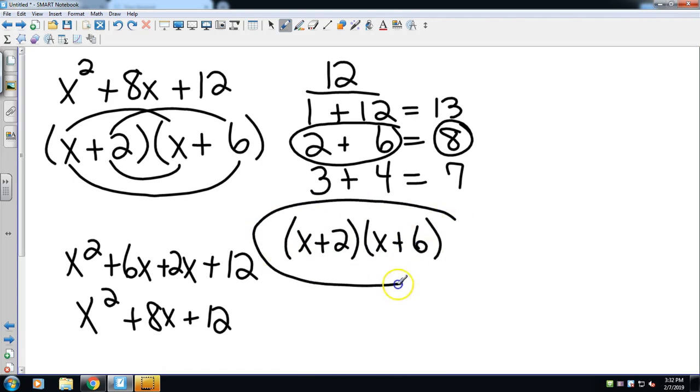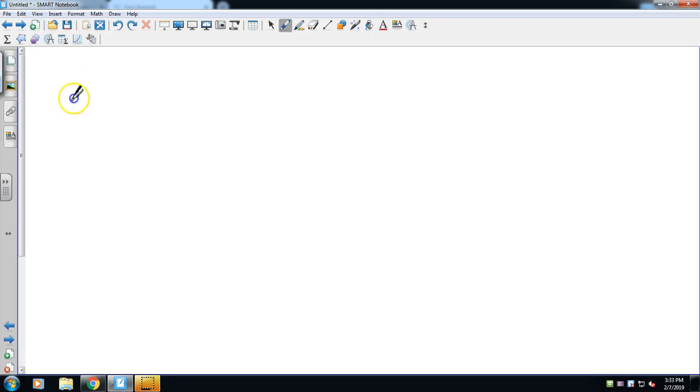Now, that one's pretty simple because all of the signs are positive, so I know all of my signs in my multiplication are positive. So what happens if I have something that's negative? Let's go with this one: x squared plus 4x minus 21.